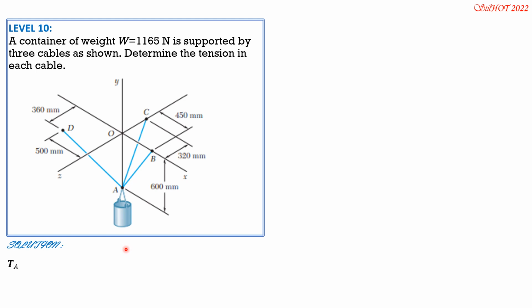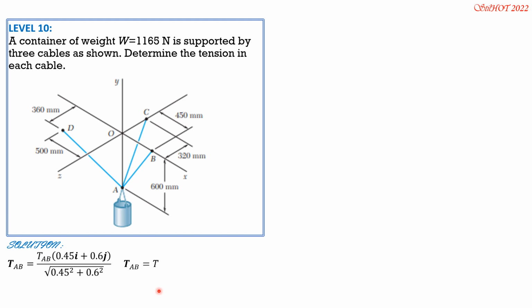So tension AB is equal to magnitude of tension AB, quantity 0.45 I plus 0.6 J over square root of 0.45 squared plus 0.6 squared. So let's change 450 mm and all these dimensions to meters to shorten the solution.